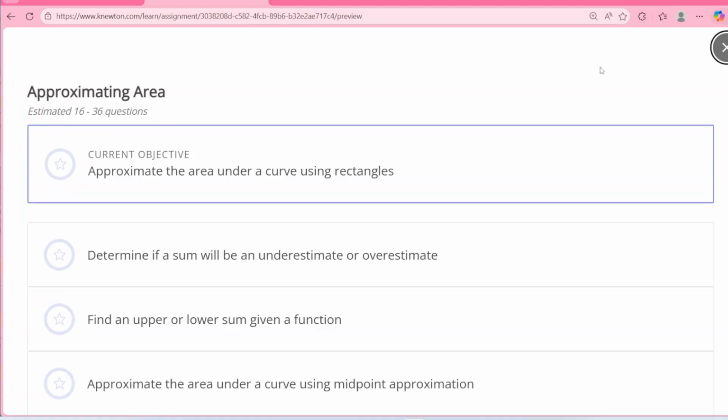So this is where we're going to be given some continuous function over an interval, and asked to estimate, approximate the area taken up between the curve and the x-axis, over that interval. And we'll be doing this with rectangles.